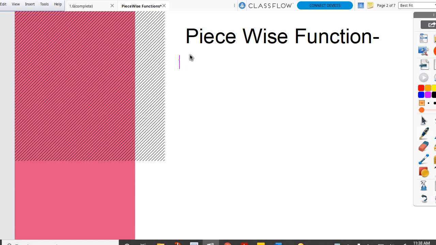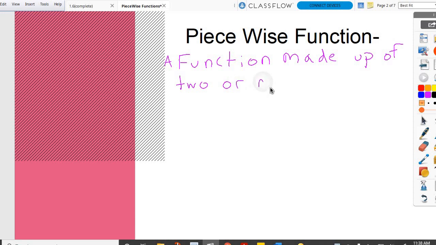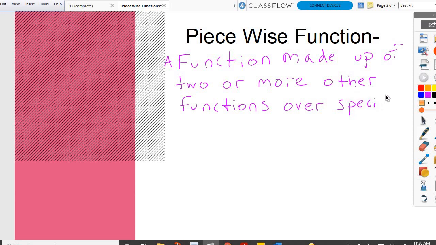So it is going to be a function made up of two or more other functions over specific intervals.